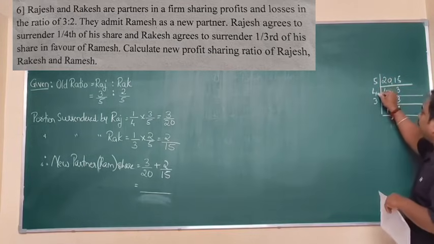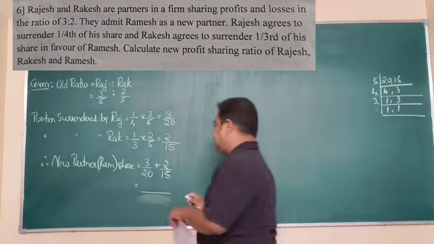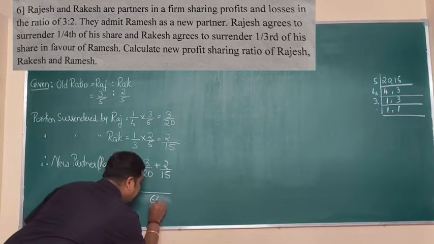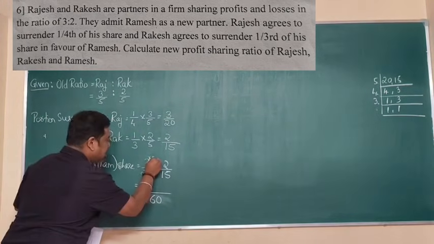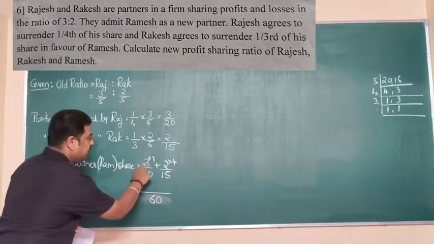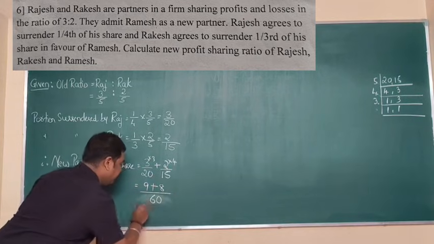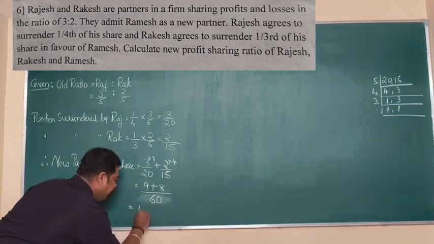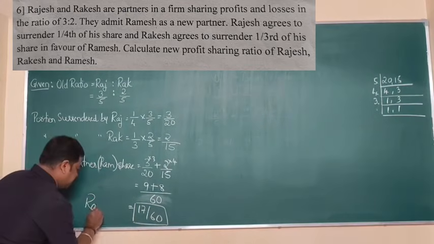So 5 into 4 into 3, 5 4s are 20, 20 3s are 60. So the common LCM will be 60. 20 3s are 60, 15 4s are 60, 3 3s are 9, 2 4s are 8. So it is 9 plus 8, it is 17 by 60. This is the new partner Ramesh's share.